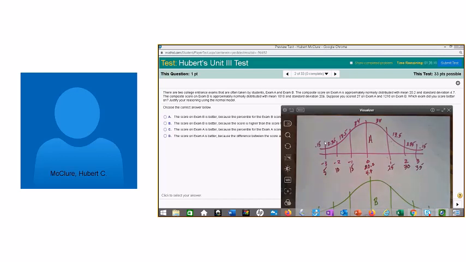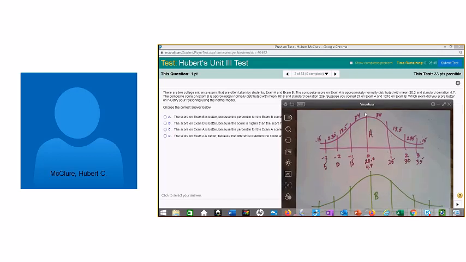Why can't they just do even numbers? Especially on a test. Calculator. 1018 plus 206, that's 1224. Let me move this up a little bit. I don't know if y'all can see it.